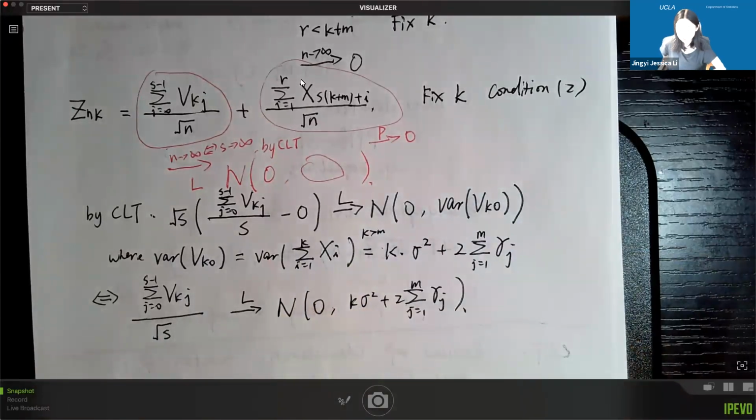And I need to deal with root n. So I have a swap from root n to root s.